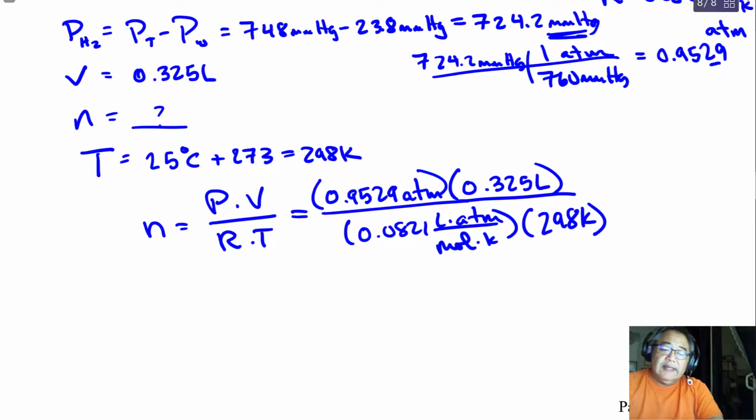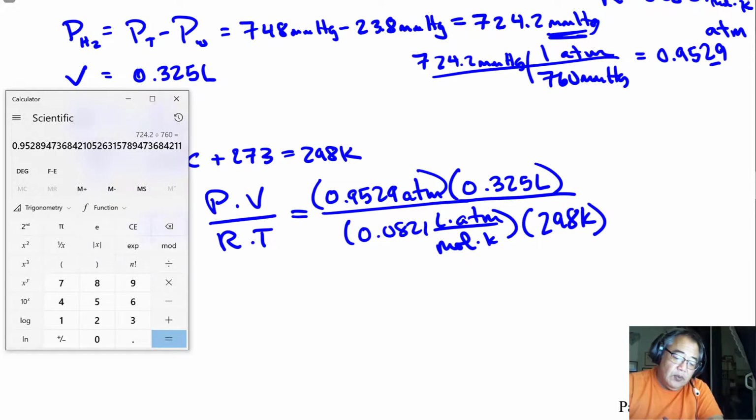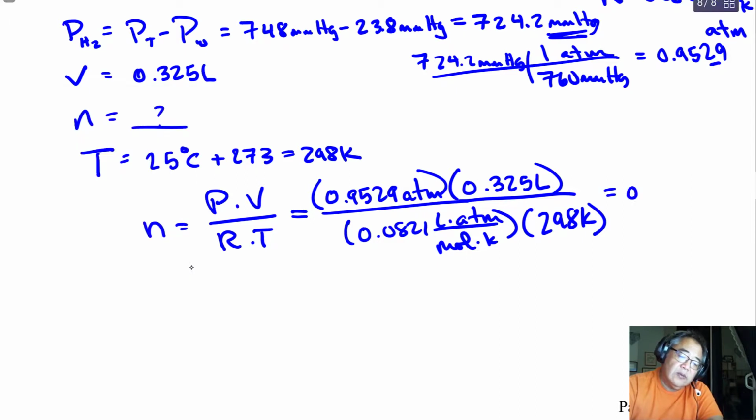All right, so I plug that into my calculator. 0.9529, only 3 sig figs in that, by the way, times 0.325 divided by 0.0821 and divided by 298 Kelvin, that comes out to be 0.01266. That's moles of hydrogen.